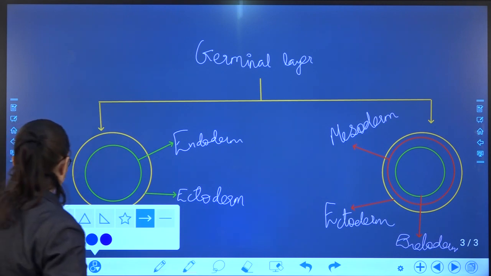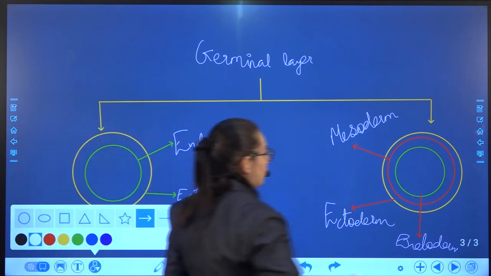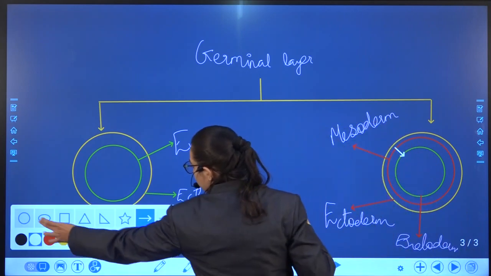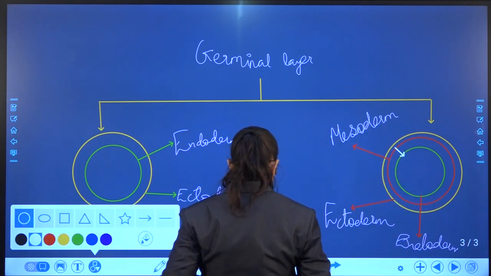We'll use a different color over here if it's not visible. It's this circle.